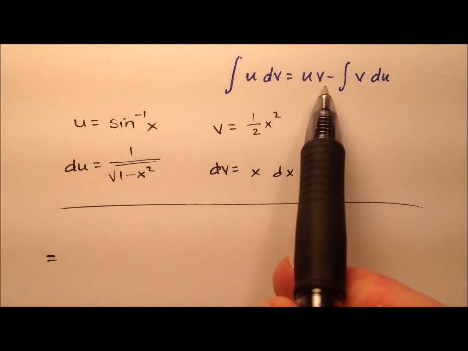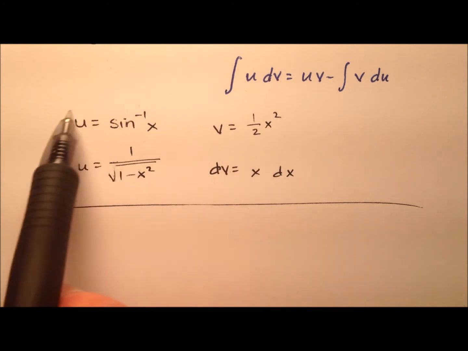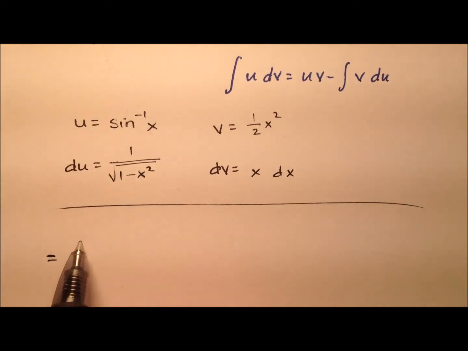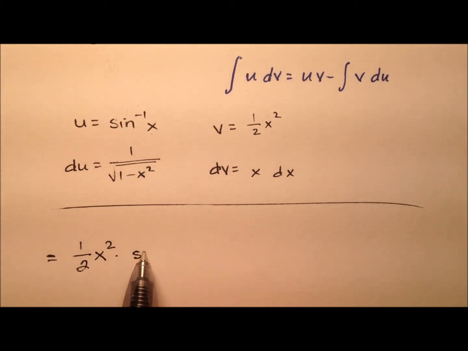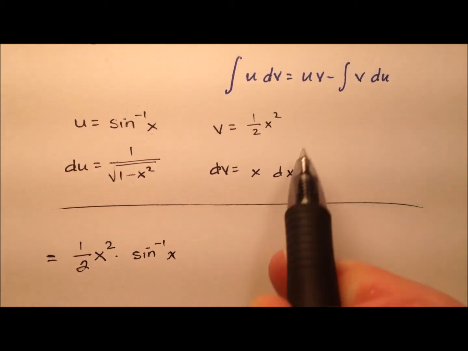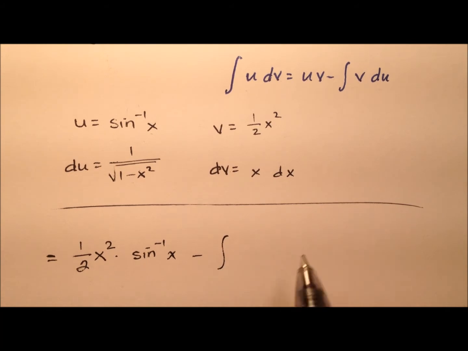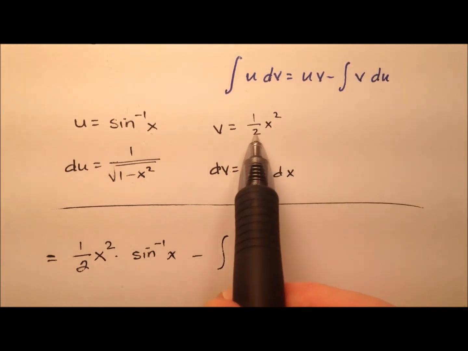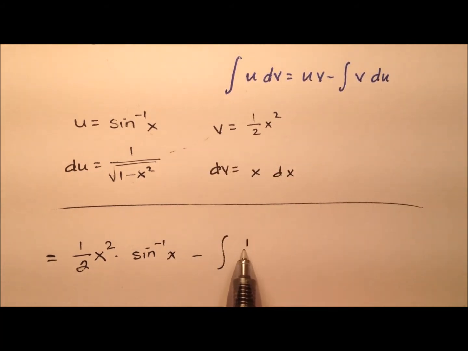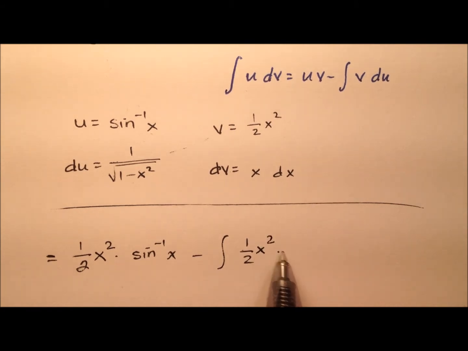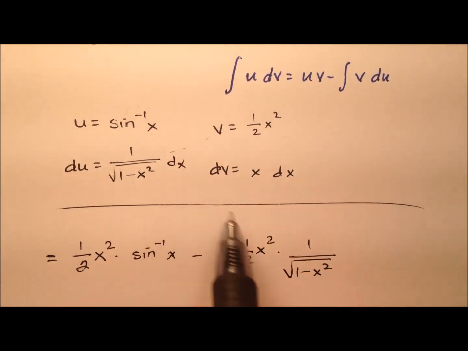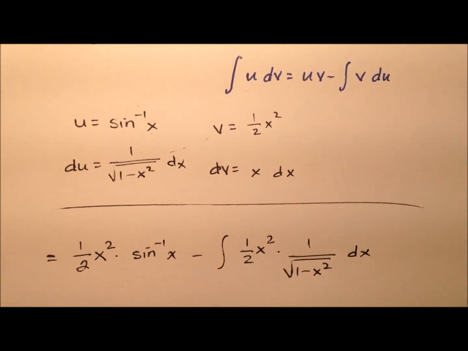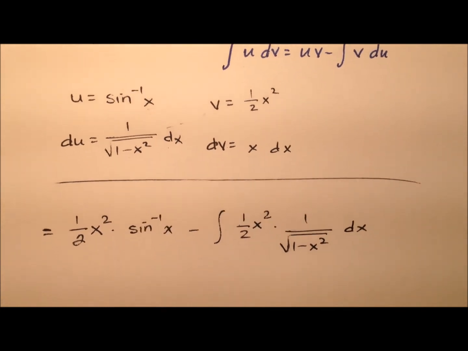This is going to equal uv, so we're going to take these two and multiply them together: 1/2 x squared times that arcsine of x. And we'll subtract the integral, so we have v du, so it'll be 1/2 x squared times 1 over that square root expression with our dx right here. We don't want to forget that dx.